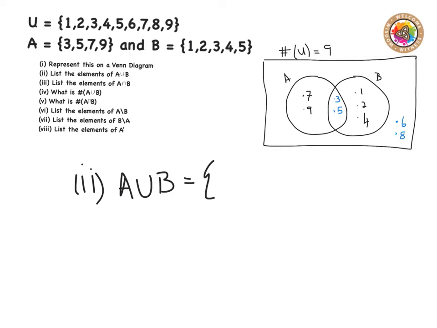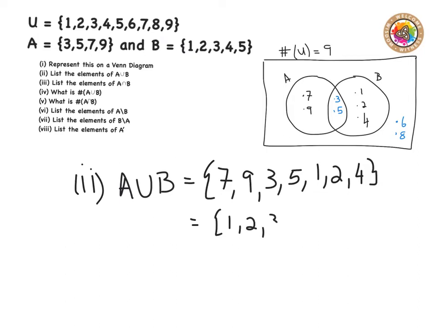And so I write down exactly what I see. So 7, 9, 3, 5, 1, 2 and 4, and then I'm just going to reorder them so that they're in numerical order. So that's 1, 2, 3, 4, 5, 7 and 9, and that's A union B.